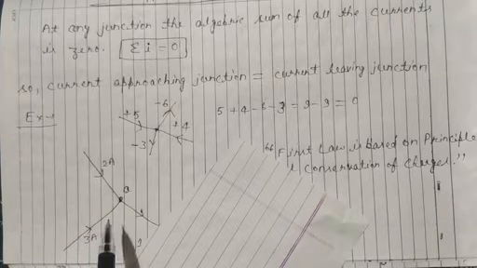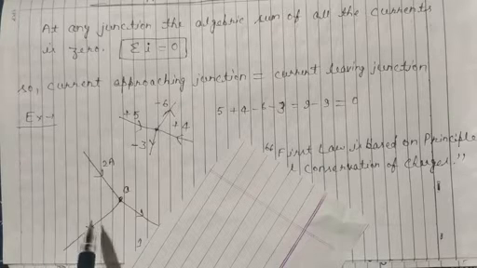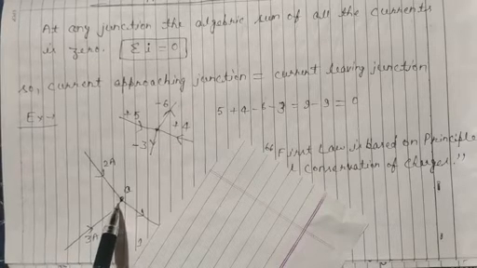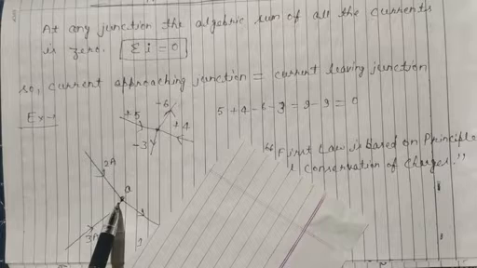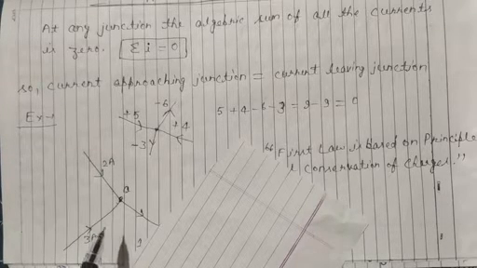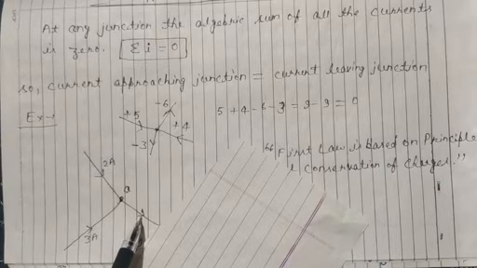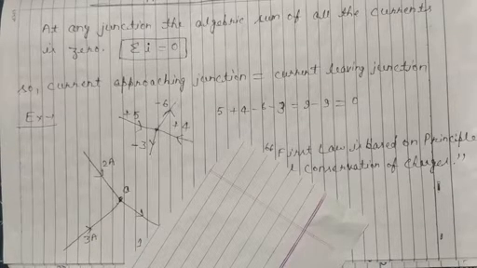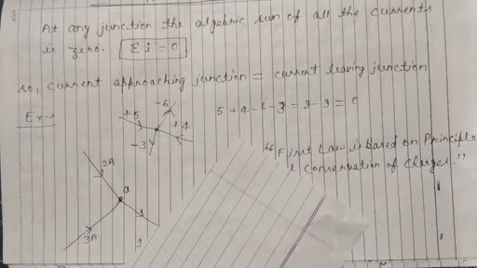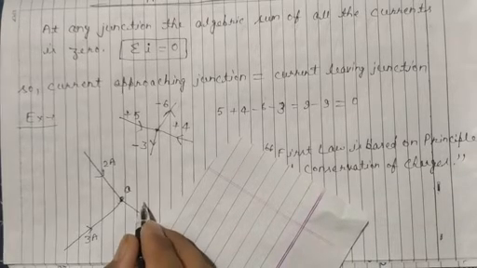We already know the total sum is 0. The total current approaching is 3 plus 2, 5 ampere. Then how much is the current going out? It is not written. You are supposed to write it. What will you write? The current approaching is 5 ampere. Therefore, current leaving is also 5 ampere.